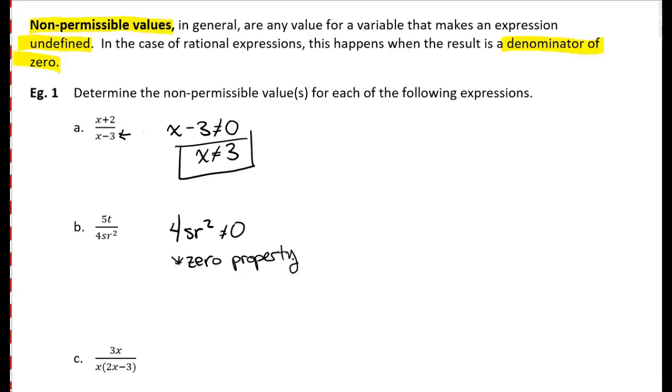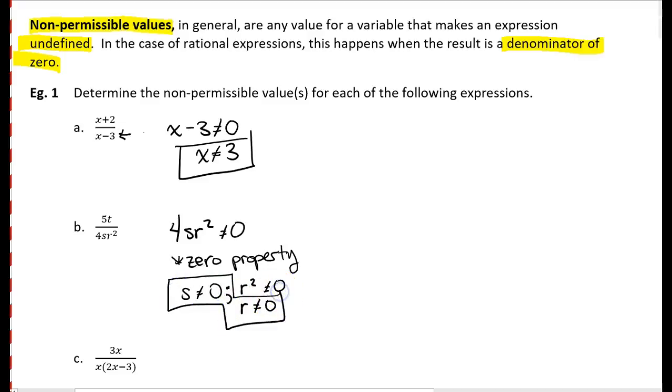And we said that if things are multiplying to equal 0, then one of those values has to be 0. So that means that s cannot be 0, and r squared cannot be 0. Now you could redefine that and say r cannot be 0, because if you take the square root of 0, it is 0. So these are my two non-permissible values in this scenario. I have to use that zero property.